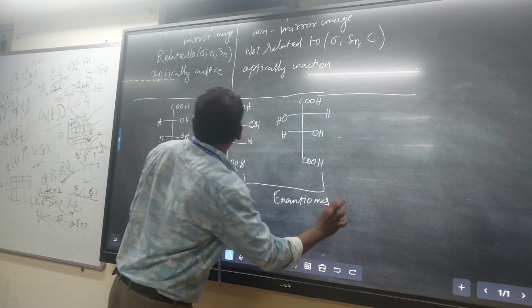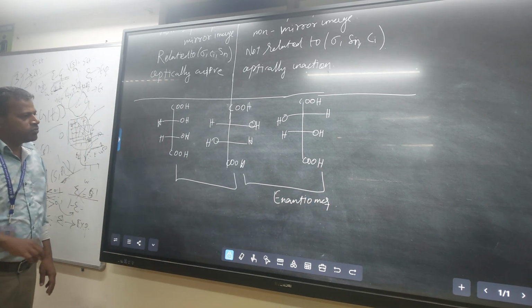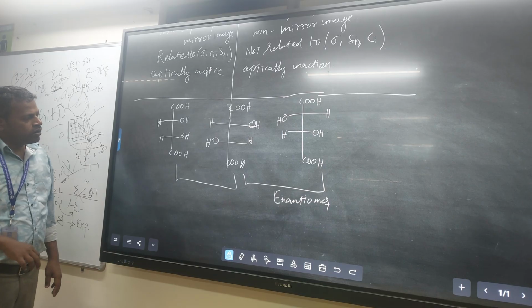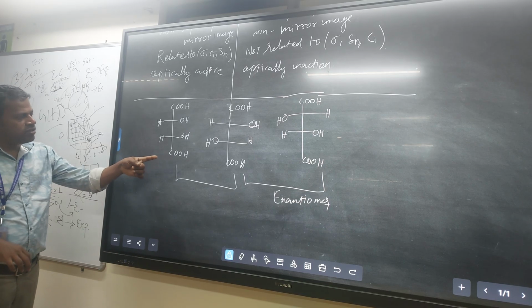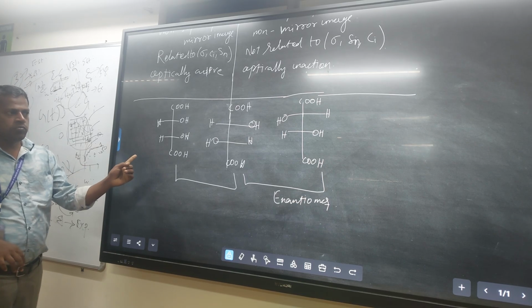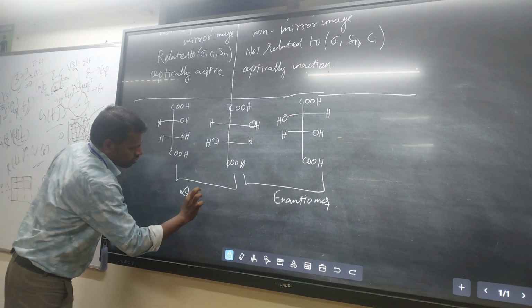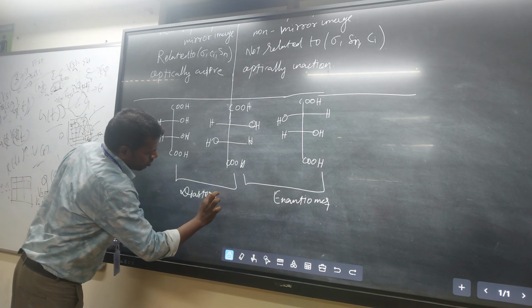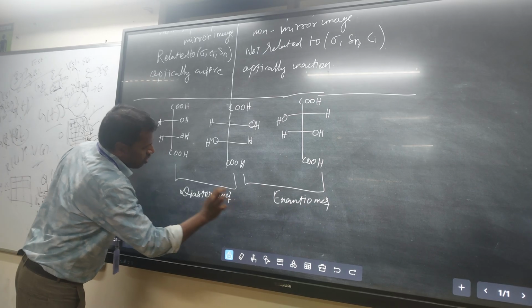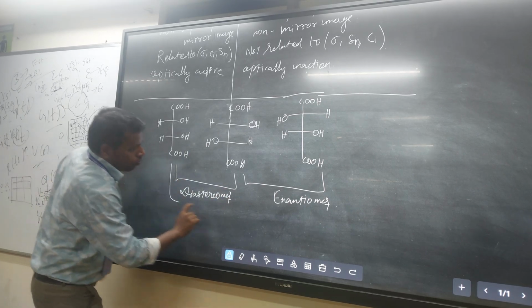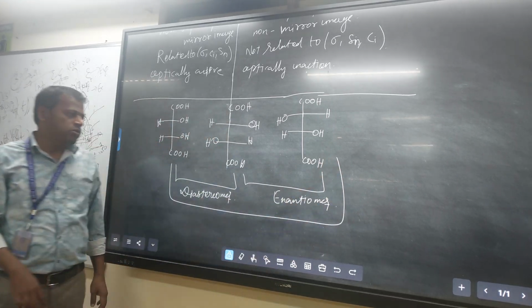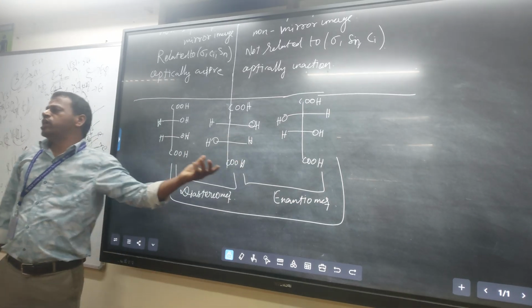Enantiomer. This one is not a mirror image and is non-superimposable, so this is a diastereomer. 1 and 2, and 1 and 3 are diastereomers. 2 and 3 are enantiomers.